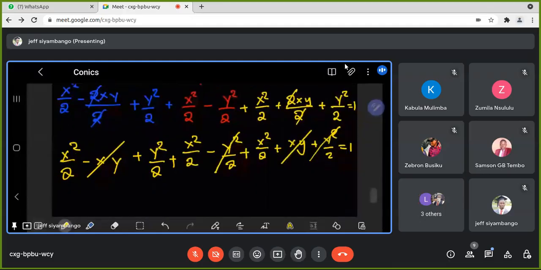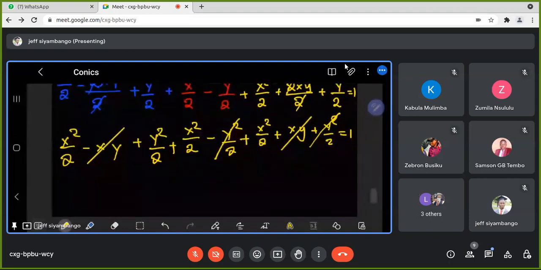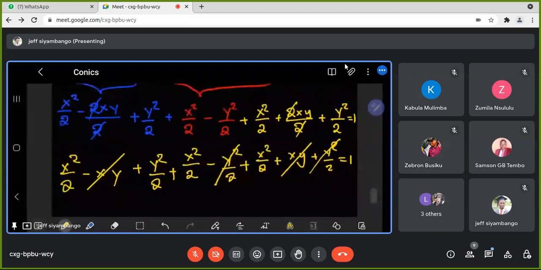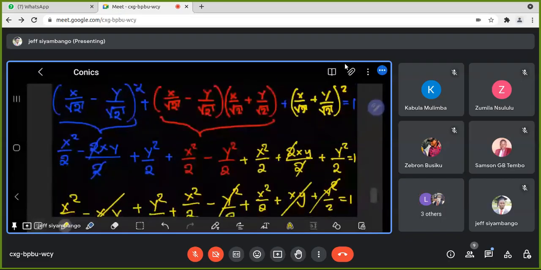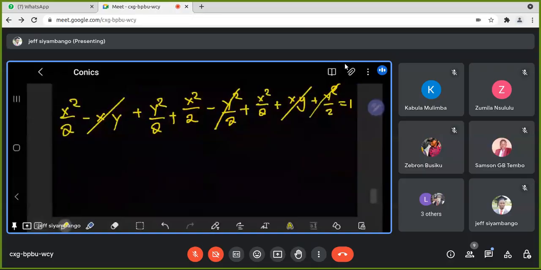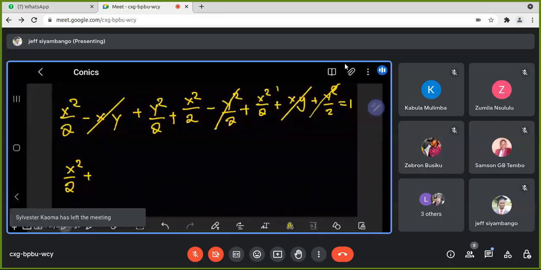So what we see, sadly, is that only the one y squared cancelled. I thought another x would cancel something, but it did not. Okay, that's fine. So what is left here? We now only have x squared over 2. I'll group them. I think I also have another x squared over 2 here. And then what else?